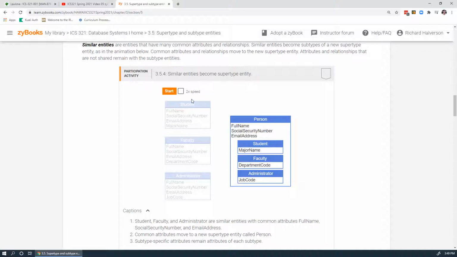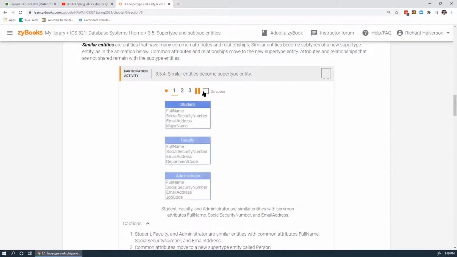Let's say we have students, faculty, and administrators, and these are in different places, and we examine this and find that there are common fields.